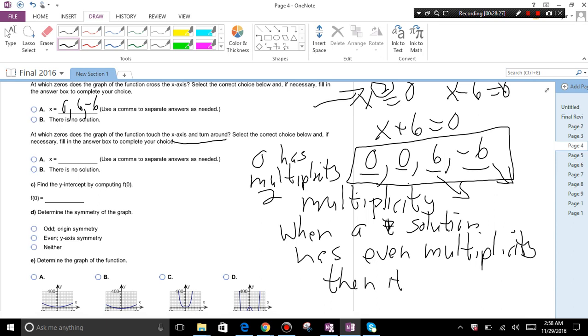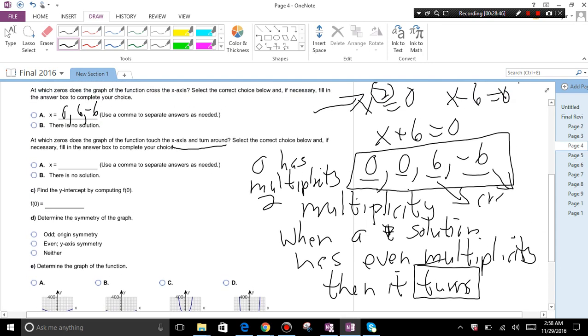Then it turns. Okay. And when it has odd multiplicity, like the 6 and the negative 6, they only appear once, and once it's odd, then it crosses through the x-axis. So it crosses through when the multiplicity is odd.